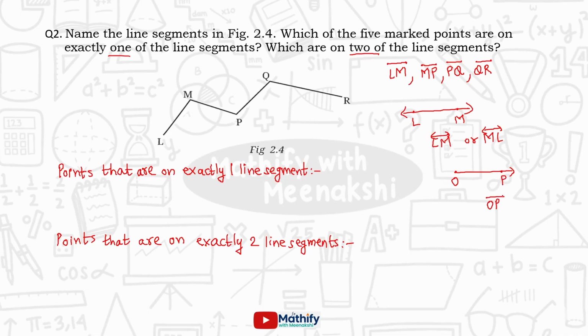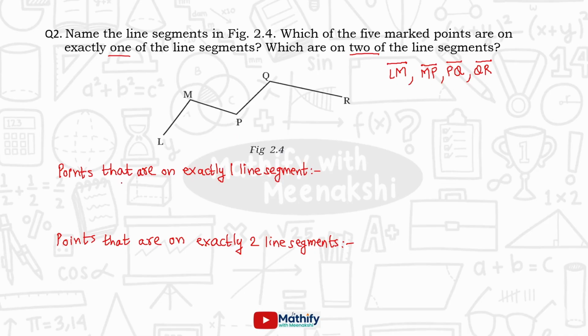You can't write PO, because a ray is always from the point towards the arrow. So you have to be careful. I'm just removing this now. This is just for explanation of how you can write the name of a line, ray and line segment. So for line and line segment you have a choice. Okay, so now I have 4 line segments.